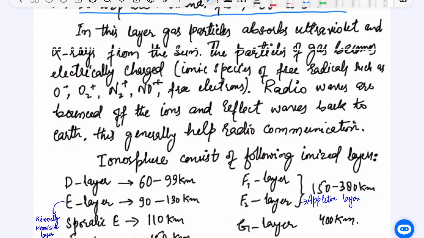The lowest layer is the D layer, which extends from 60 to 99 or 100 kilometer.